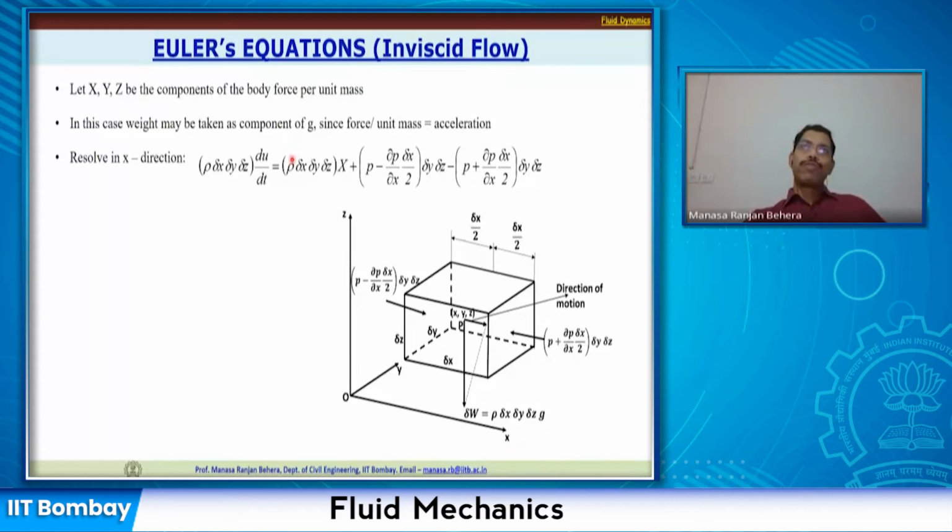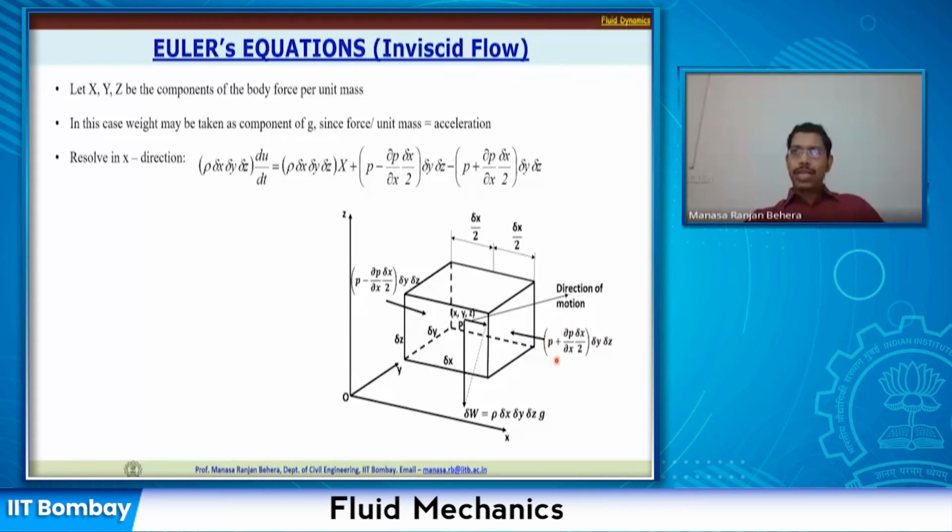So this is your body force, plus we are talking about the force in the x direction. So the force in the x direction due to this pressure is going to be positive. So P minus dou P by dou x delta x by 2 times delta y delta z is going to apply the positive force on this fluid element.